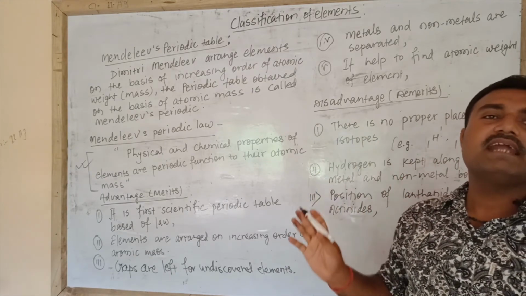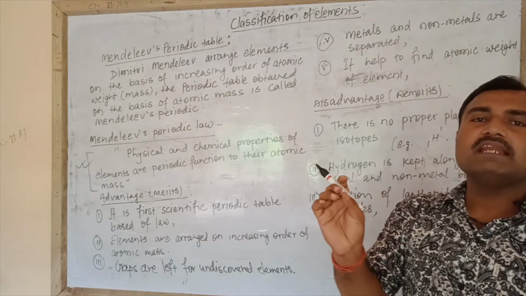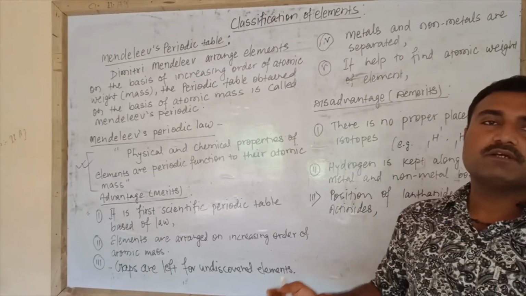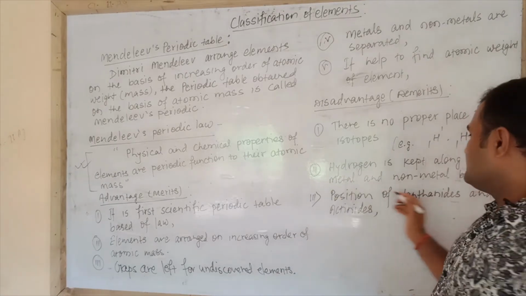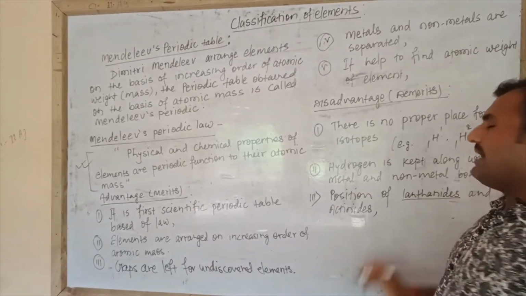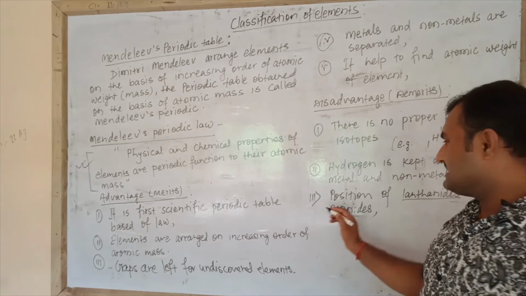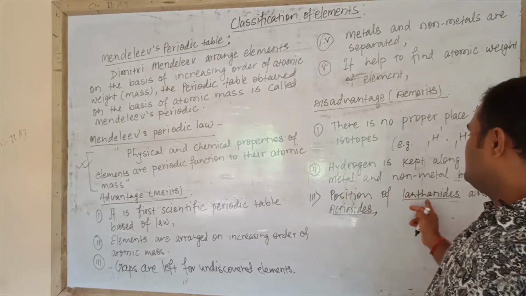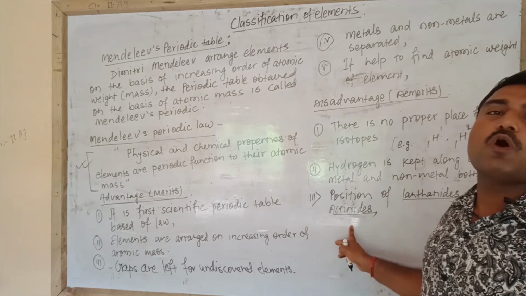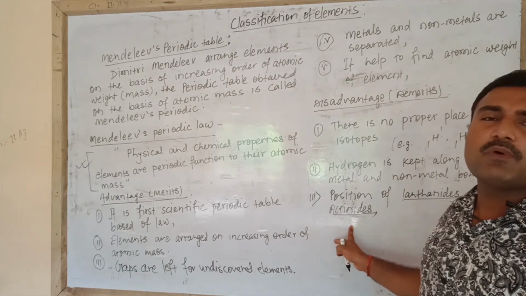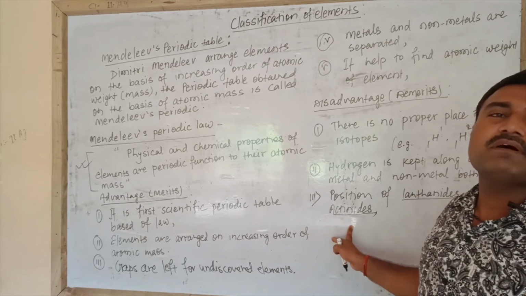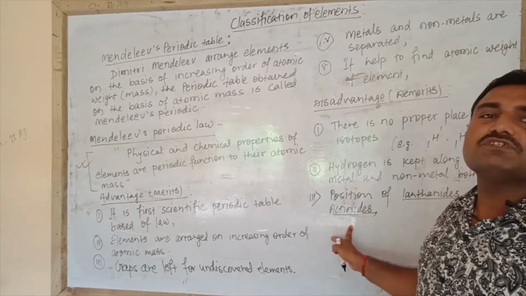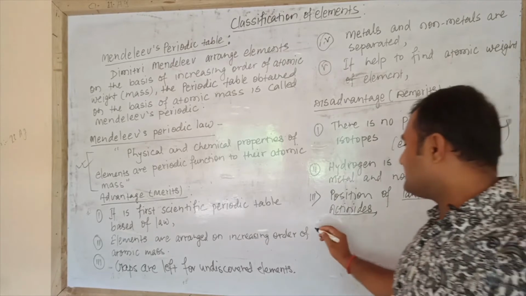Lanthanides and actinides are groups of elements having identical properties. The group of elements which resemble lanthanum are called lanthanides, and those resembling actinium are called actinides. These groups have common, identical properties, therefore they must have a separate or common place, which is not discussed in Mendeleev's table.